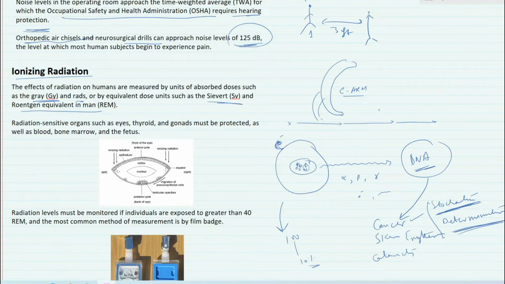So, what actually is gray? Gray is actually joules per kg. We write it gray, and it is the amount of ionizing radiation per kilogram of any matter. This could be human matter as well. But as we know, the stochastic effects of radiation on humans are different, because eyes are affected, thyroid is affected, gonads are affected, and not all cells are affected by radiation.